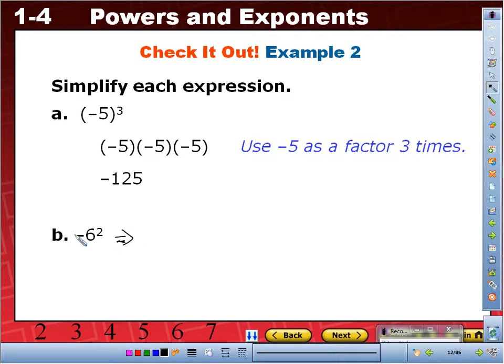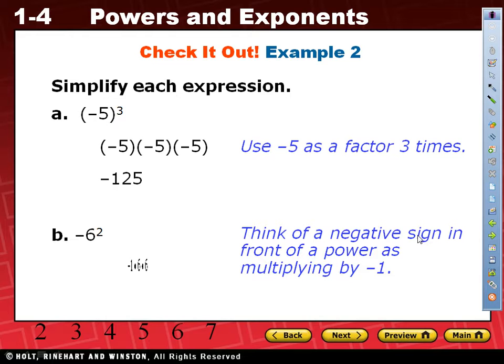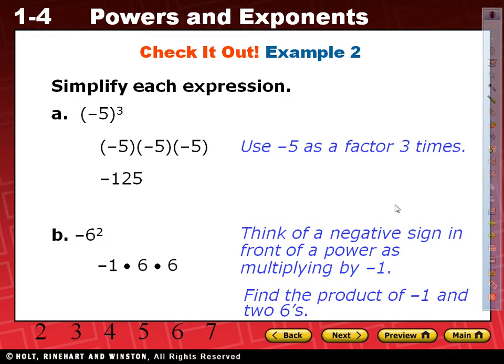Can we rewrite this as negative 1 times 6 squared? Yes, right? So therefore, this becomes negative 1 times 6 times 6. And what is 6 times 6? 36 times negative 1, that's negative 36. Okay?